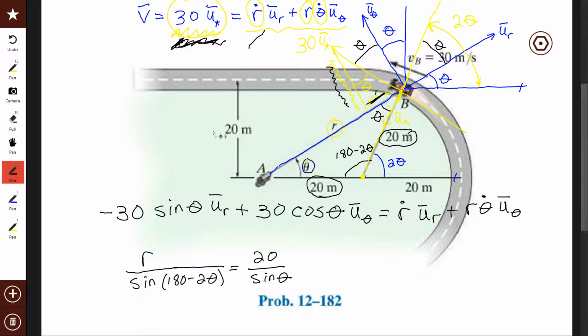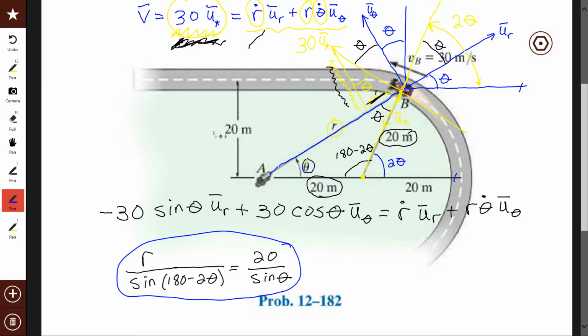So now what I've got then is I can solve the last equation right here for R. I can put that R into this formula, and then I will take the UR piece over here and set it equal to the UR piece over here, and I will take the U theta piece and set it equal to the U theta piece right there.